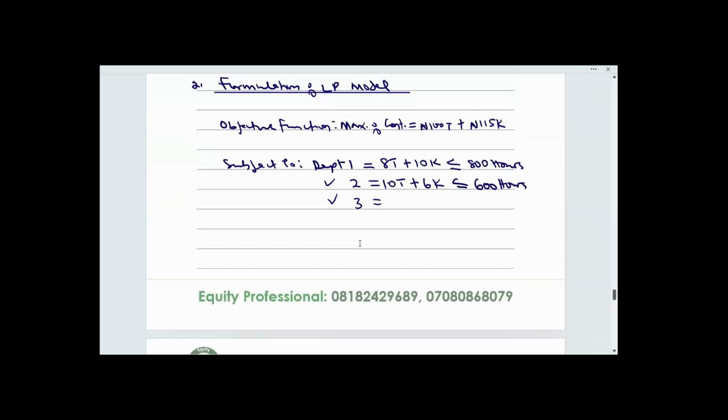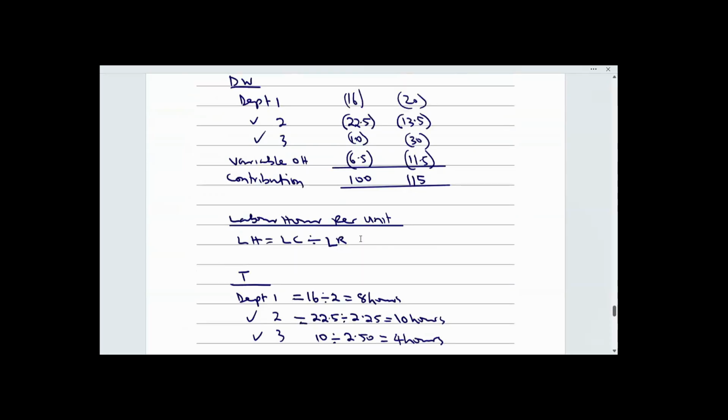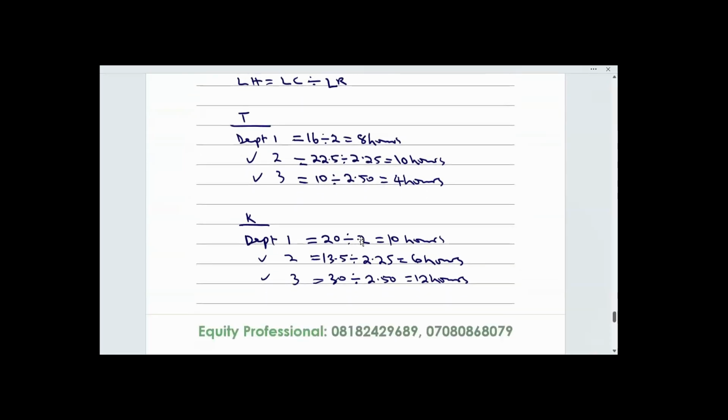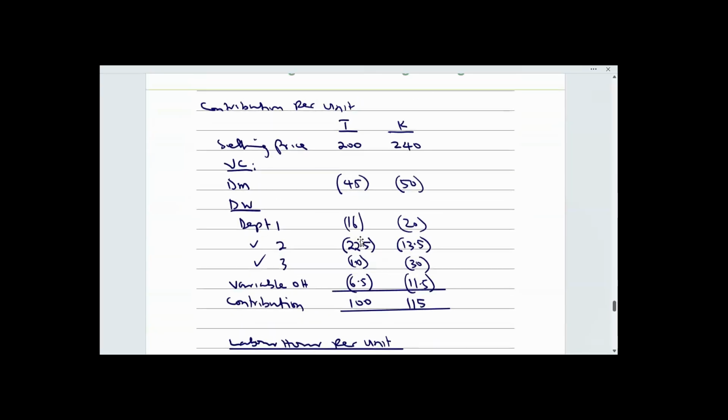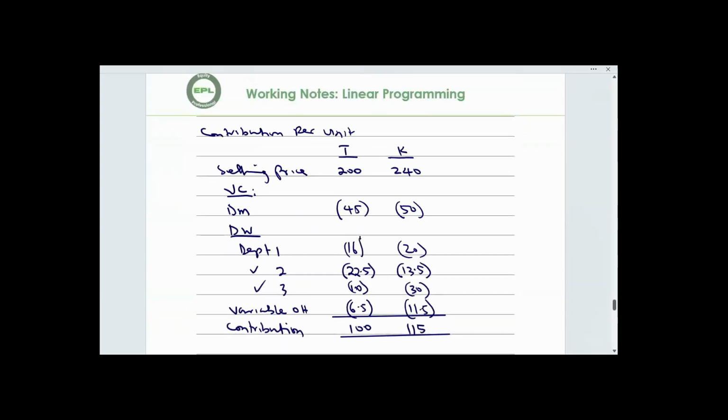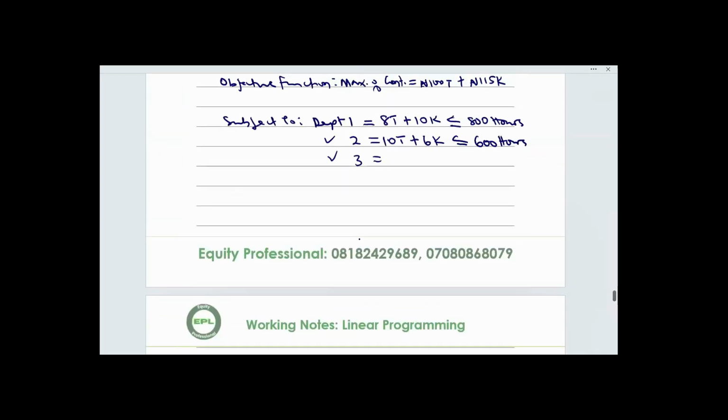Then the last one, Department 3, hours per unit is 4 for T, then 12 for K. 4T plus 12K less than or equal to 720 hours. So with this, we have stated the relevant constraints.